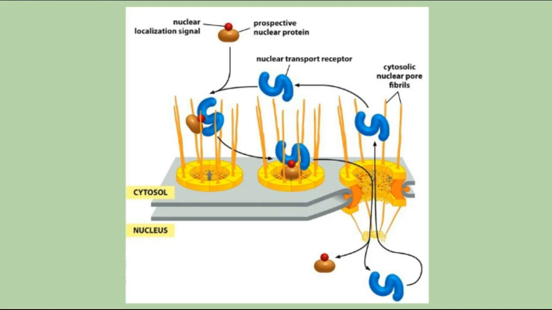And as you see it going through the pore, at the end, when the protein is into the nucleus, we see that the nuclear transport receptor is released and is cycled back through the pore to repeat the process over and over.